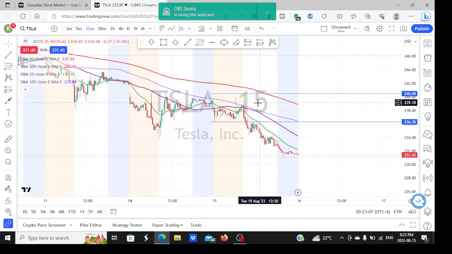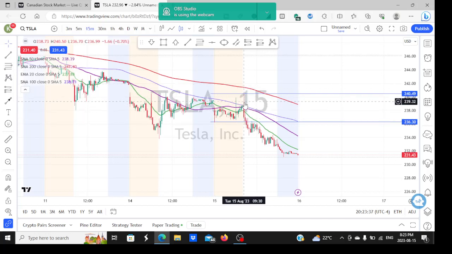It wasn't strong enough to break the previous day high that was here. So that was a good sign that Tesla is not strong enough, with more sellers. Buyers are weak, and the first 15-minute candle is showing strong sellers.